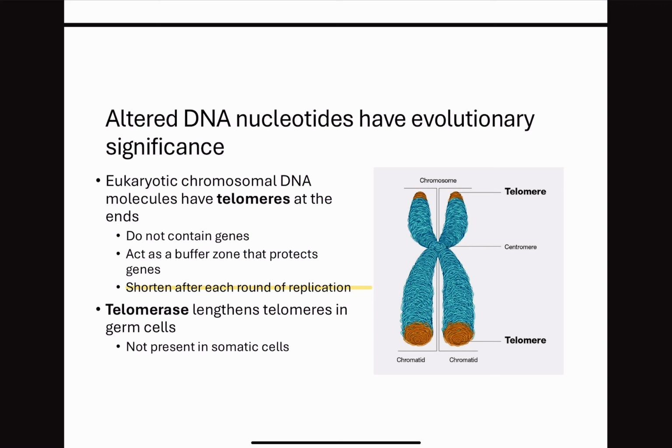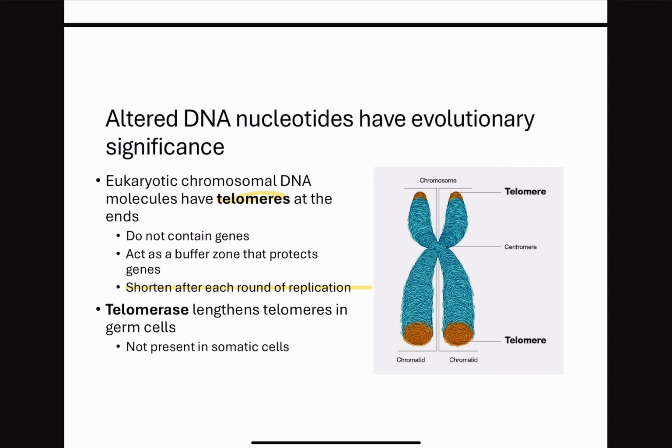The ends of eukaryotic chromosomal DNA molecules have a special nucleotide sequence called a telomere. Telomeres do not contain genes. Instead, the DNA typically consists of multiple repetitions of a short nucleotide sequence.